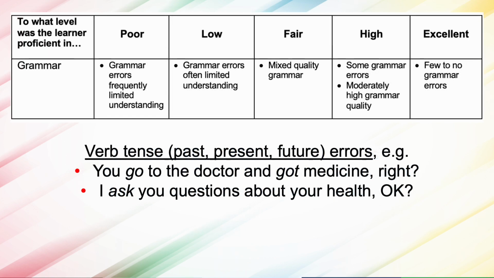The next dimension to pay attention to is grammar. And like pronunciation, you may not have any difficulty picking up when there is a problem. So one thing to look for are verb tense errors. For example, mixing up past, present, or future within the same sentence.